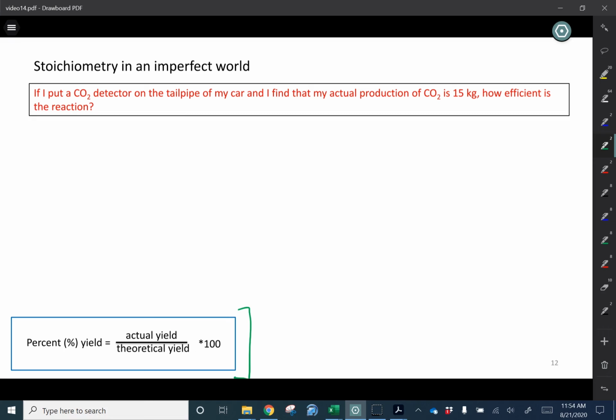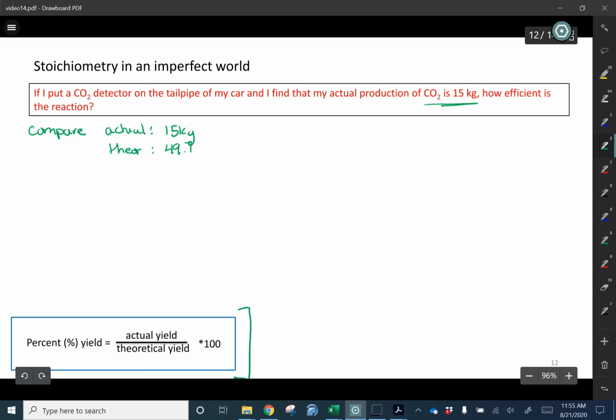So if I put a CO2 detector on the tailpipe of my car and I found that my actual production is 15 kilograms, then I can compare 15 kilograms, that's my actual, to my theoretical, which is 49.7 pounds. But before I can do this percent yield calculation, I need to make sure these are in the same units.